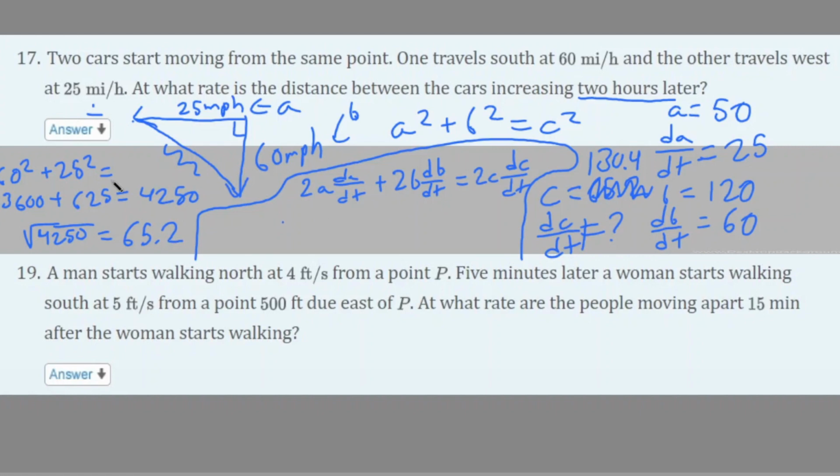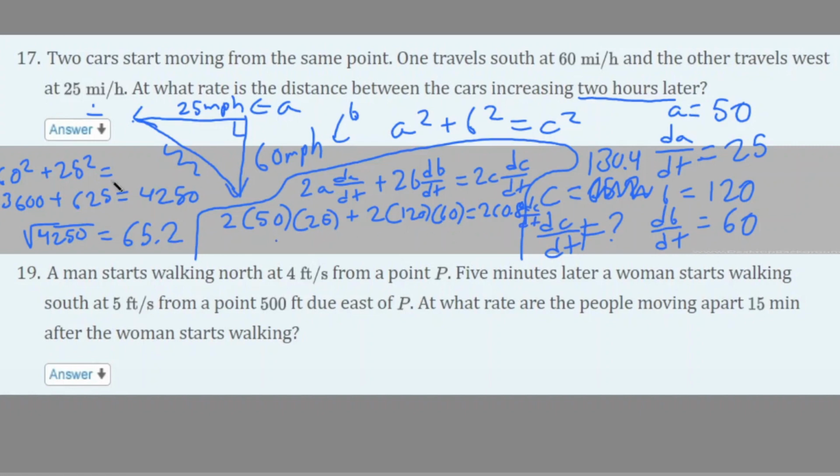Now comes the rather easy part, in which all we need to do is plug in everything we know and we should be left with dC/dt. So we have 2 times a, which is 50, multiplied by dA/dt, which is 25, plus 2 times b, which is 120, times dB/dt, which is 60, equal to 2 times 130.4, so 260.8, times dC/dt.